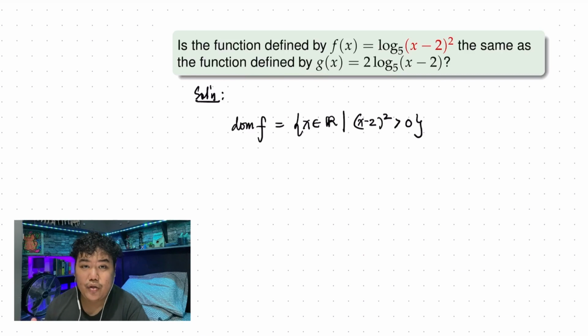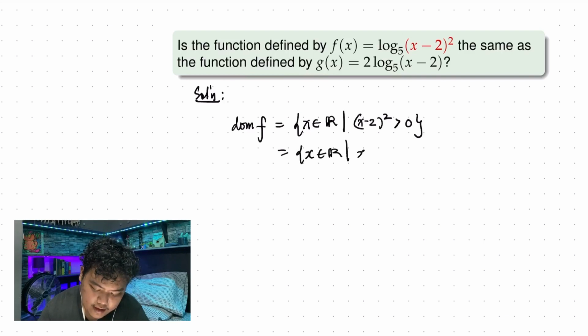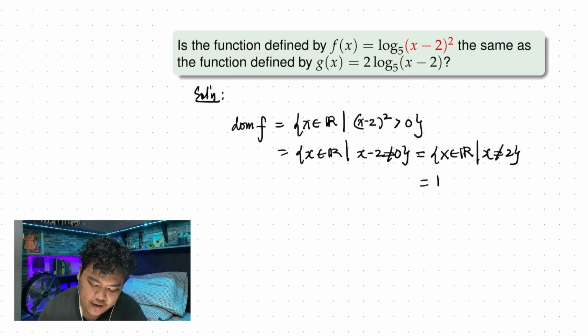So, positive siya or 0. So, bawal na lang to mag-0. So, x in R such that x minus 2 is not 0, or the set of x in R such that x is not 2. Or yung set of real numbers, alisin mo lang si 2. Okay, any real number maliban kay 2, that is the domain of f.